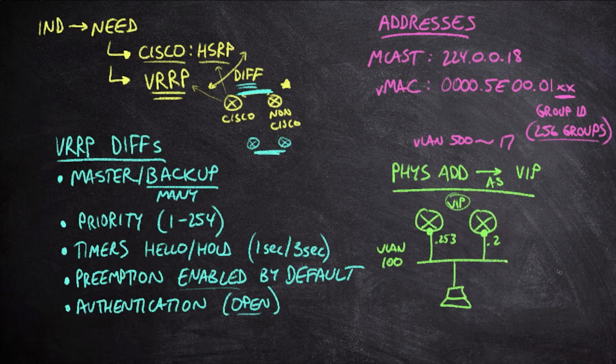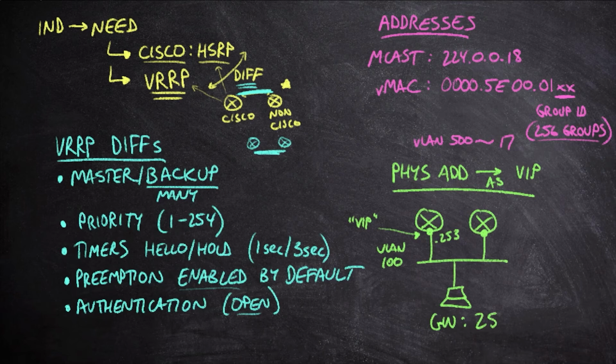Well, we do have an option that we could use that changes this up a little bit. We could point to one of these physical addresses and say this is our virtual IP address. Now, it's no longer virtual, it's a physical address. But here's what's interesting about this. I'm going to set my default gateway to whatever that IP address is. So let's say it's .253 we'd said before.